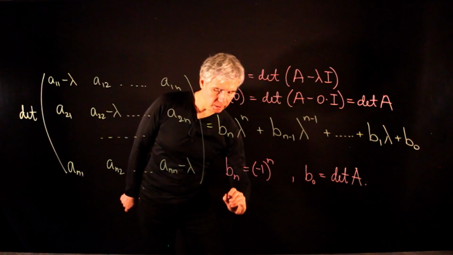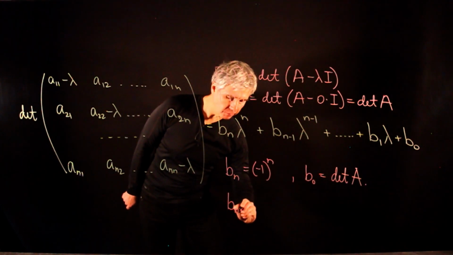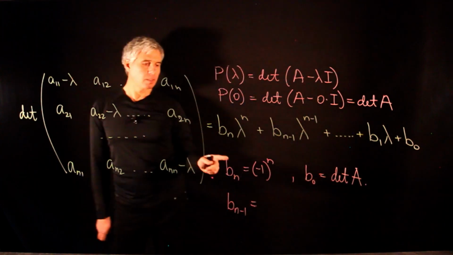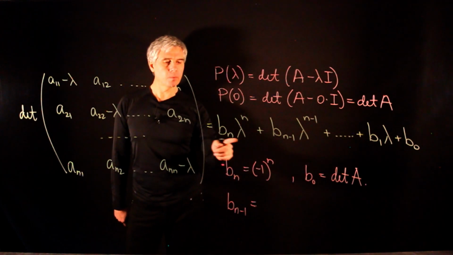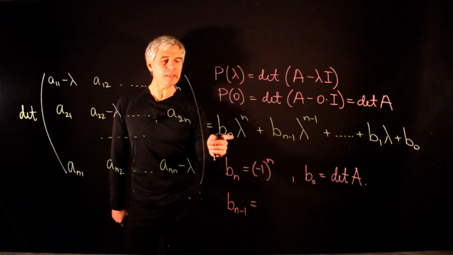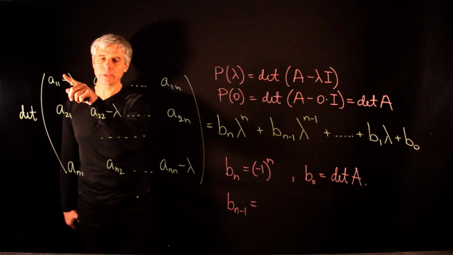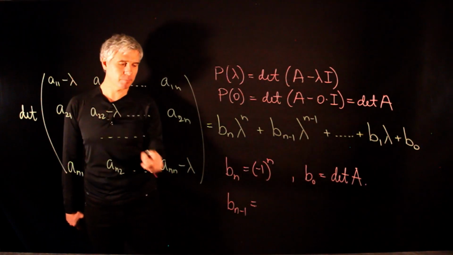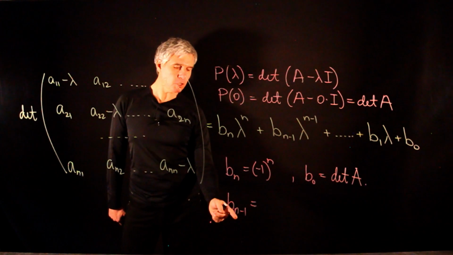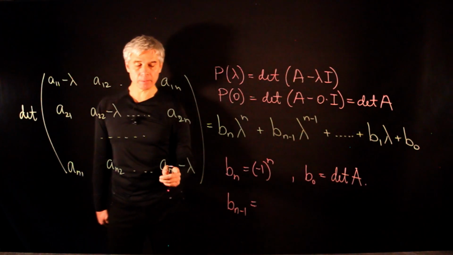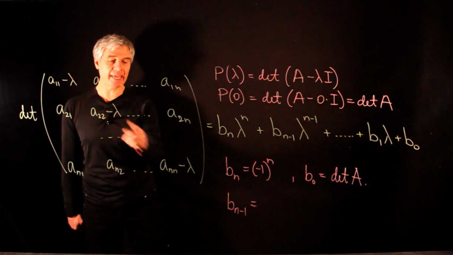One more coefficient that we can easily determine is the coefficient bn minus 1. When we computed bn, we noticed that the coefficient bn comes from the product of the diagonal entries. It turns out that the coefficient bn minus 1 also comes from the product of the diagonal entries.